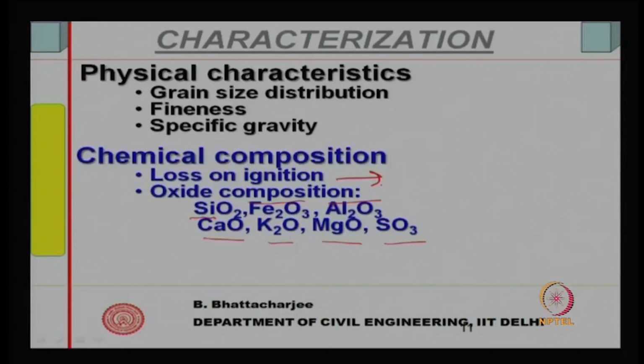This is determined by heating it up to 1000 plus or minus 50 degree centigrade and keeping it for half an hour. What will happen? All the unburned carbon, if present, will get converted into carbon dioxide and go away, but there will be some amount of moisture loss also.